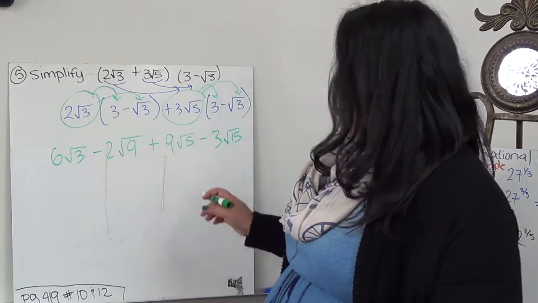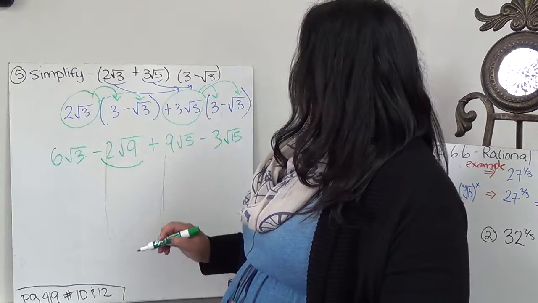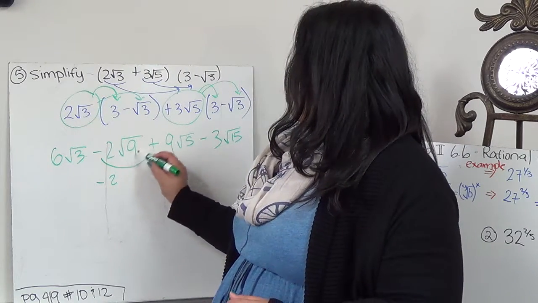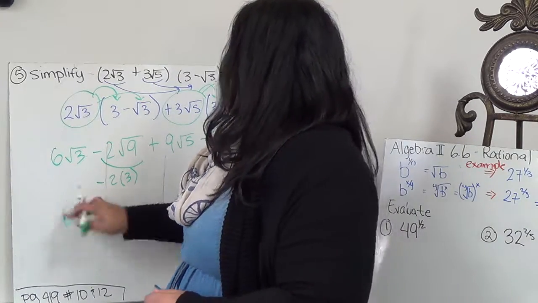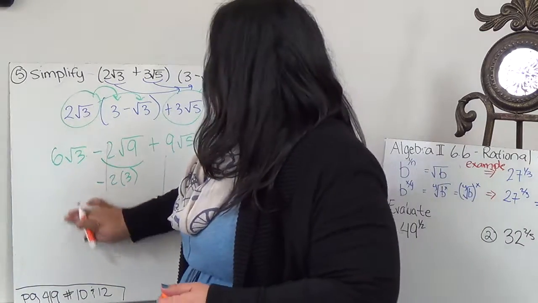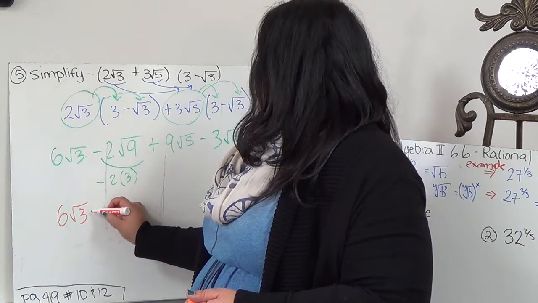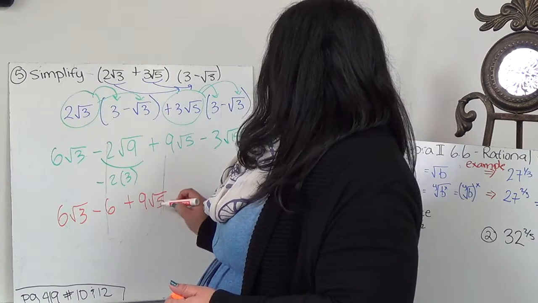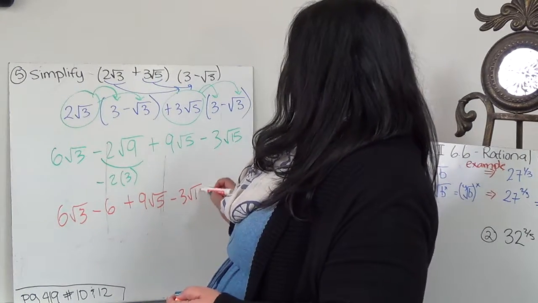So let's see which ones. I can't do anything with this one or this one, but I can change this because this would be negative 2, square root of 9 is 3. So this would be 6. This would be 6 root 3 minus 6 plus 9 root 5 minus 3 root 15.